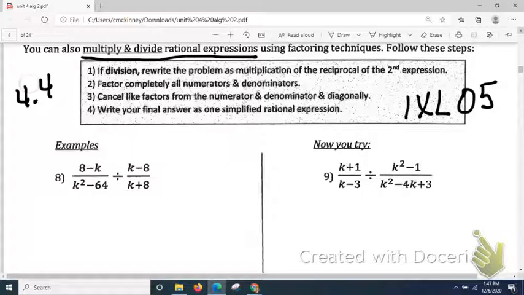So this first one, I see it does say division, which means the second fraction is going to need to be inverted, the reciprocal. It's going to flip top and bottom. And then the first part, we're going to factor. So we don't usually see things written like 8 minus k, but for the moment, I'm going to leave it.